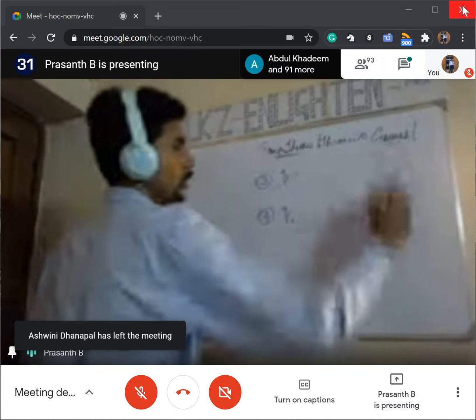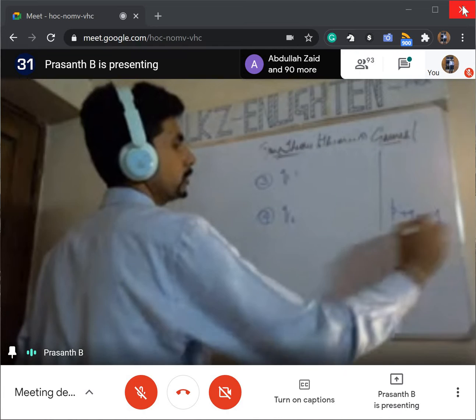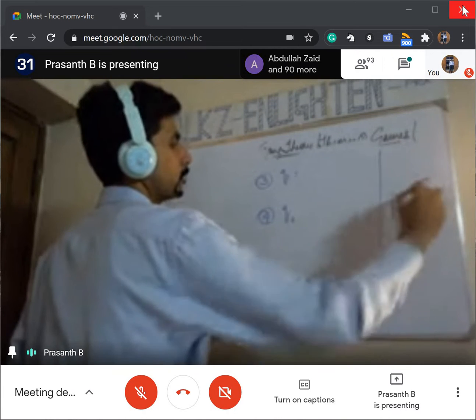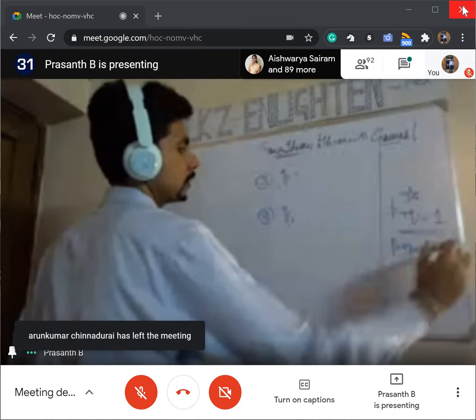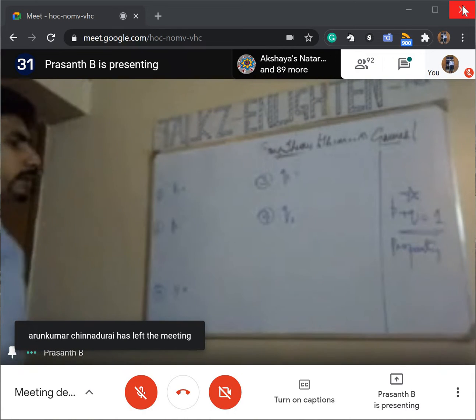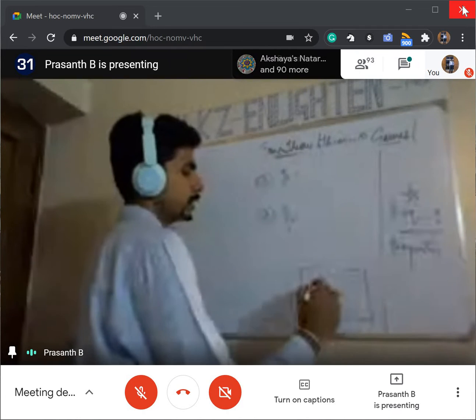And there is a rule which says P plus Q should be equal to 1. This is a property.